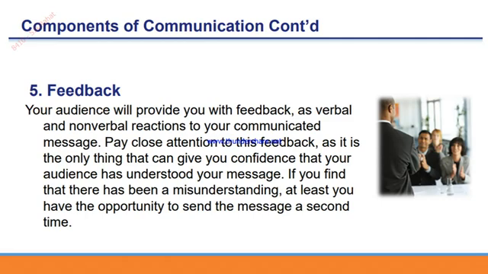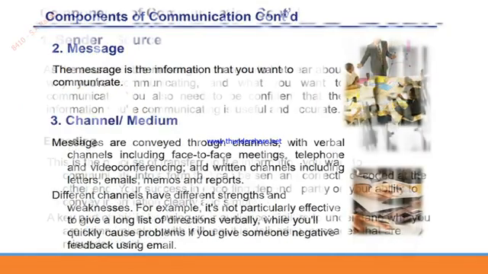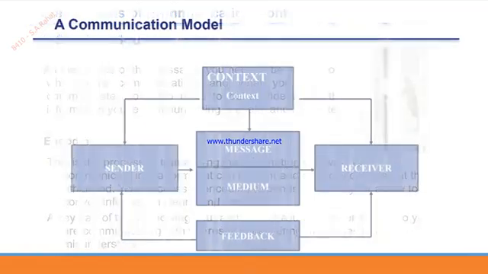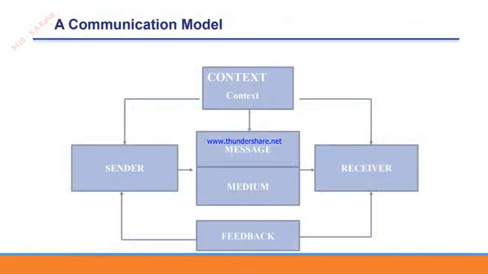A context exists in which a sender chooses a message to communicate, and the sender must also choose the medium for the message. A receiver decodes the message and provides feedback. This linear description seems very simple, but problems can occur at any point of the communication.